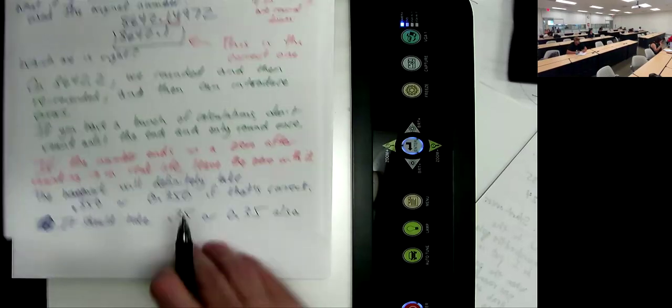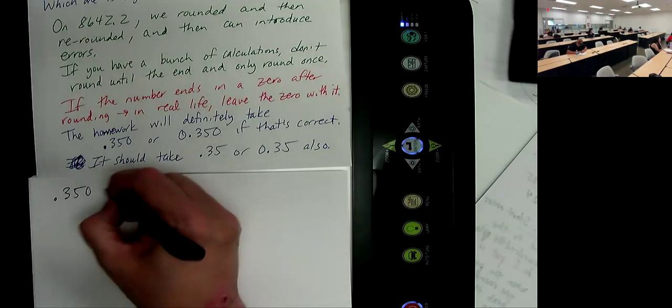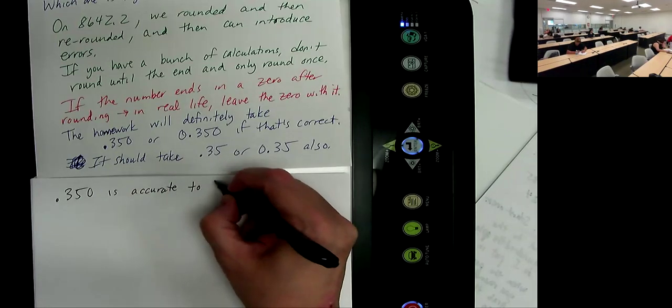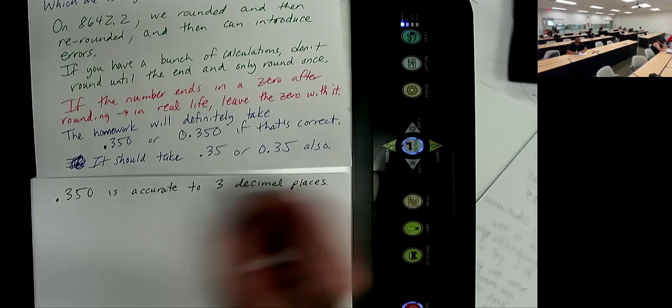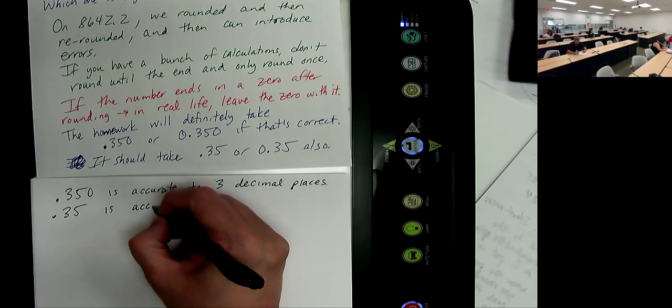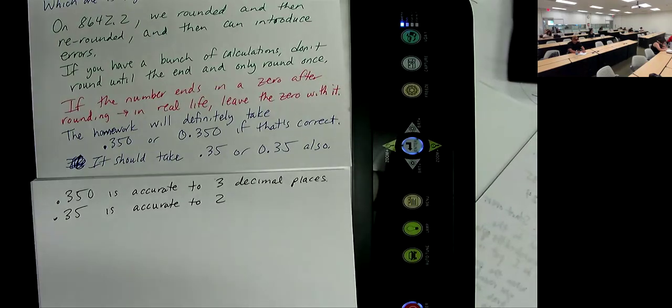And add the reason why in words. 0.350 is accurate to 3 decimal places. 0.35 is accurate to 2. That's even worse if there are more zeros there.